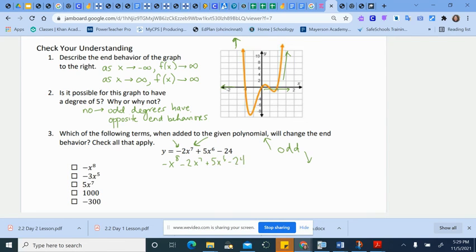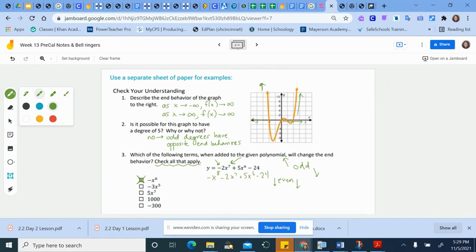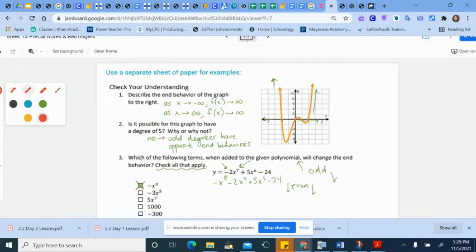Well, suddenly it's even and it's negative. Even means it's going in the same direction, and negative means it's going down on both ends. Oh yeah, that would definitely change it. Oh, it says check all that apply. Oh, this just in. Check some more. There might be more answers.